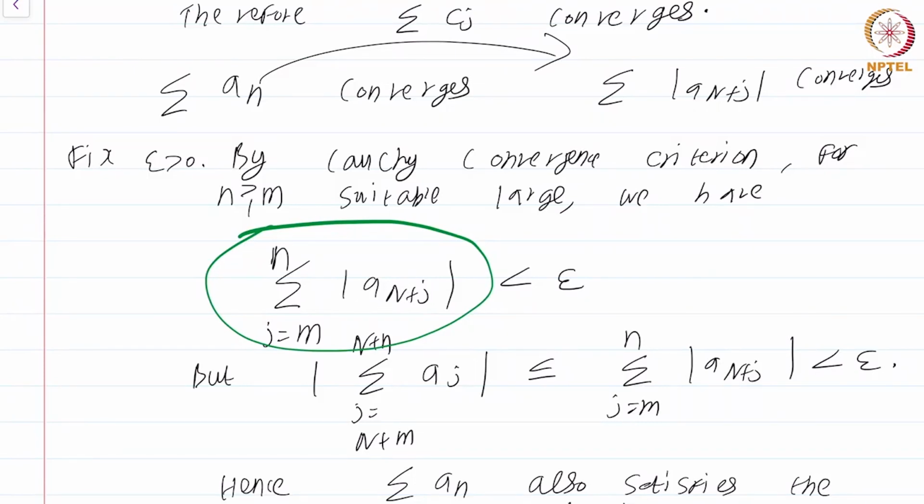And this is amplified in the Cauchy convergence criterion, where all you are required to show is that summation j equals m to n aj is less than epsilon for suitably large m and n. Therefore, modifying the first few terms of a series is not really going to affect its convergence behavior, and we have seen this more rigorously when I proved this in detail by considering the series summation Cj and comparing it with the original series.